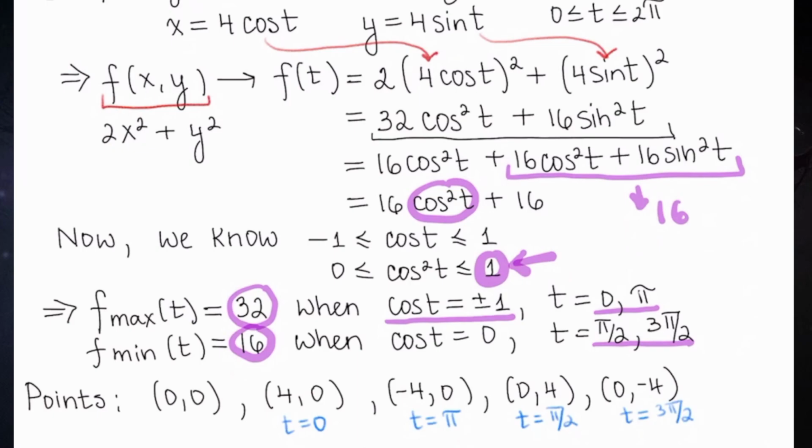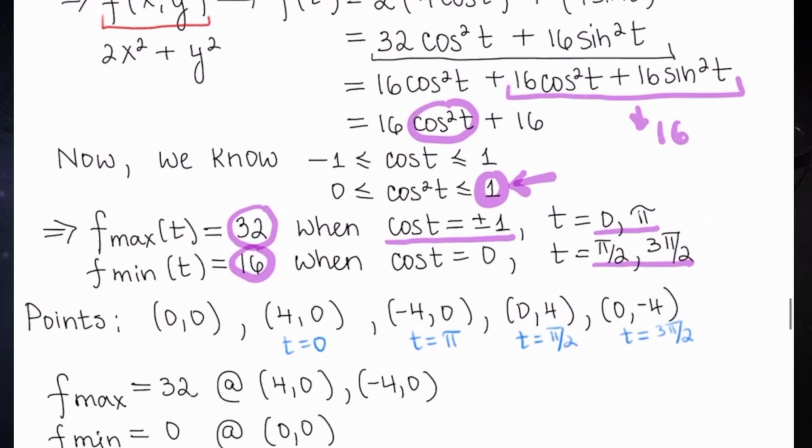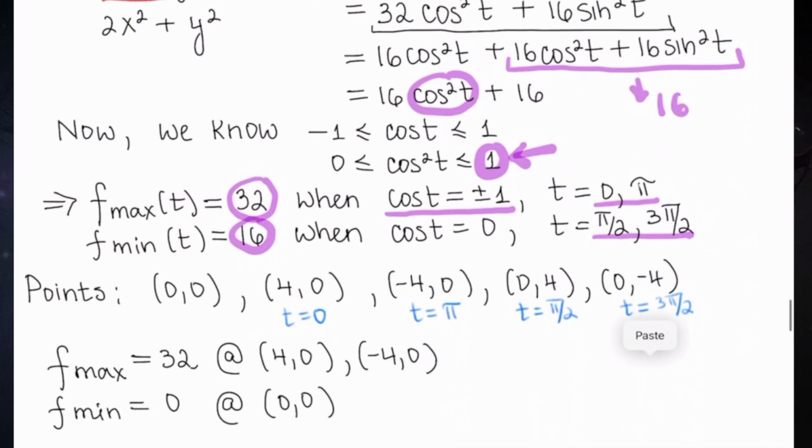Okay, but what happens here? We know that the maximum value will happen for t equal to 0 and pi, so that's the points 4, 0 and -4, 0, and then the minimum value is 0, and that happens at the origin. Okay, so the other points are not points where absolute values happen, right? Those are local extrema.